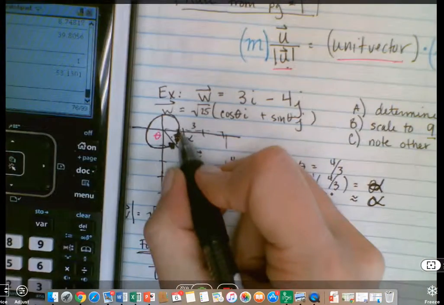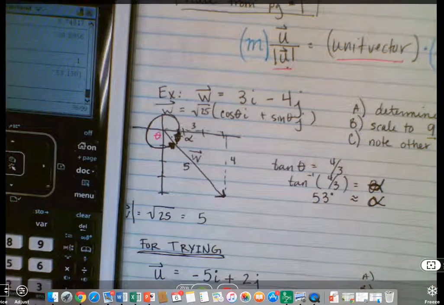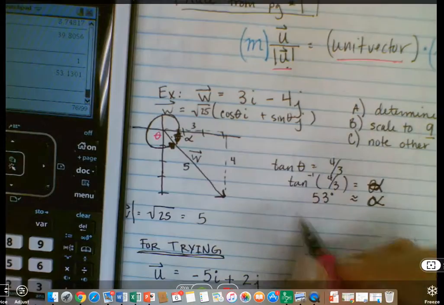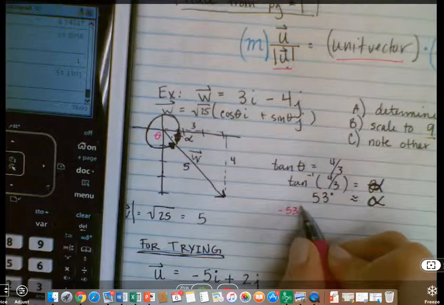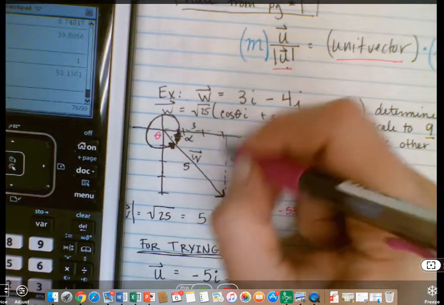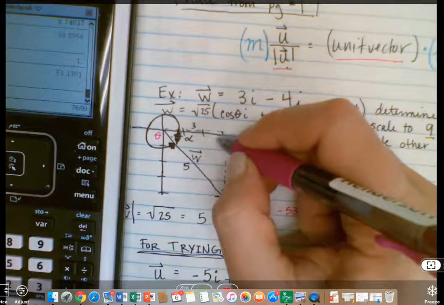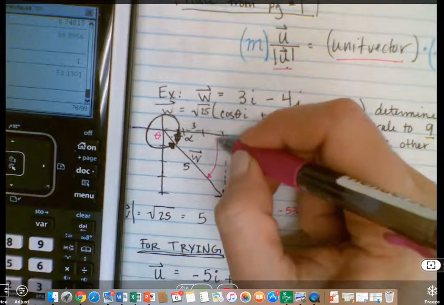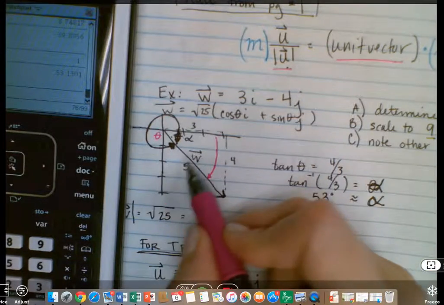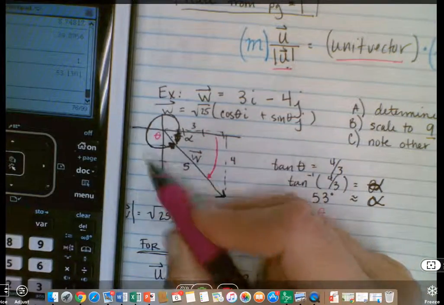Okay. So if alpha is 53 degrees, then what is the actual direction of the vector? Well, there's a couple of things I can say here. I can be tricky and say that negative 53 degrees equals theta, because that would have been a backwards turn of 53 degrees. It's kind of a tricky little way of doing it. Or I can say that it's 53 degrees short of a full rotation of 360.